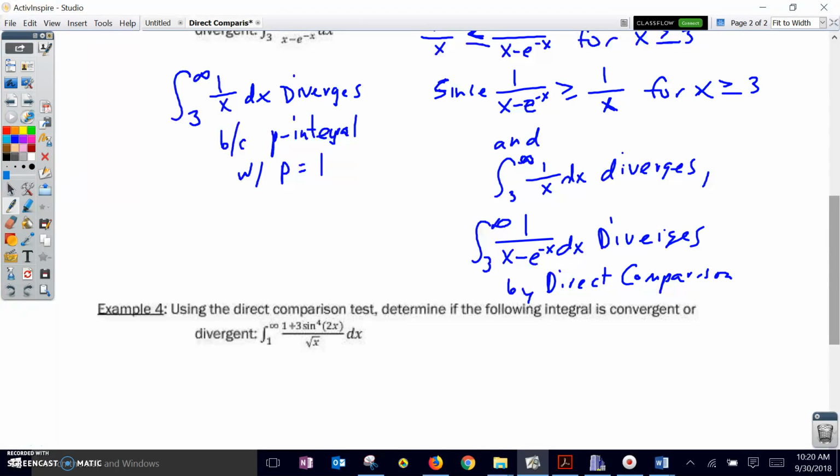Since sine to the 4th always has to be greater than or equal to 0, this function is always greater than or equal to 1 over the square root of x.